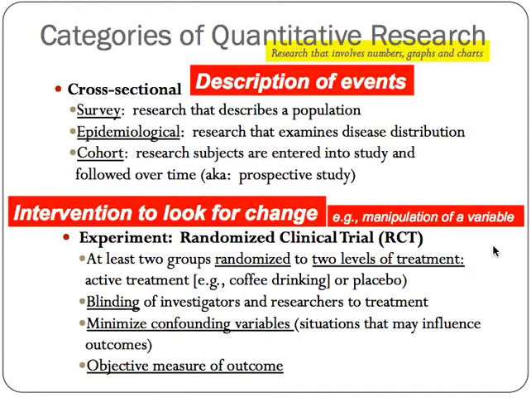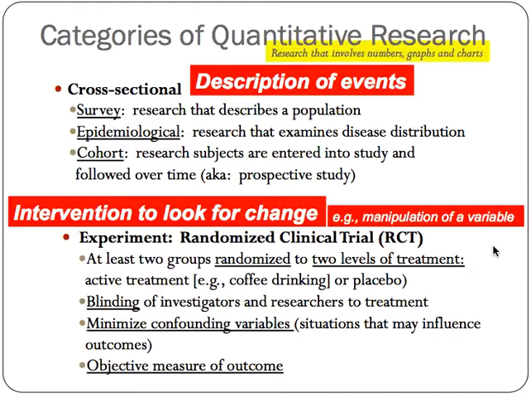And there are a few different types of quantitative research out there. In cross-sectional studies, researchers are looking for a description of events. An example might be creating a survey to gain an understanding of household income in a certain population at a specific time, or epidemiological research that examines the patterns, causes, and effects of skin cancer in a particular group of people.